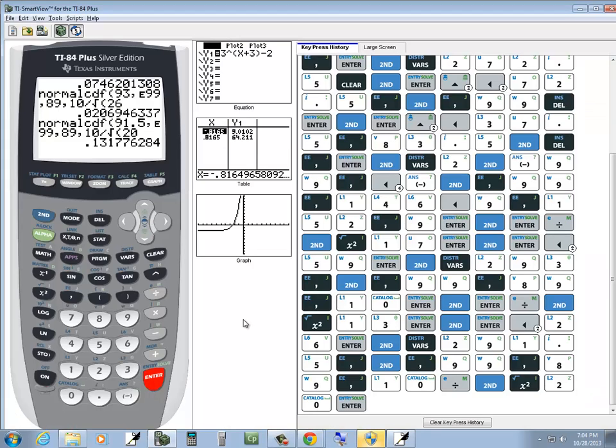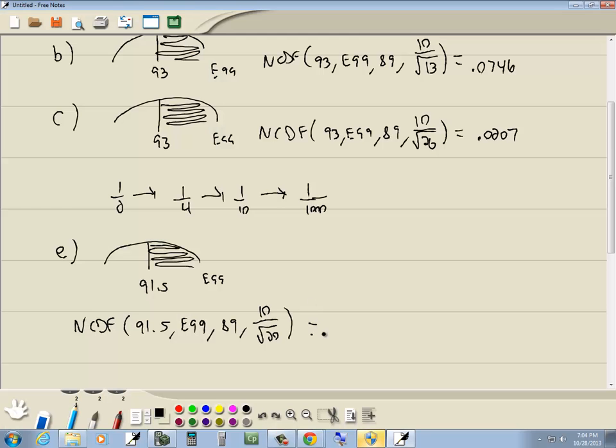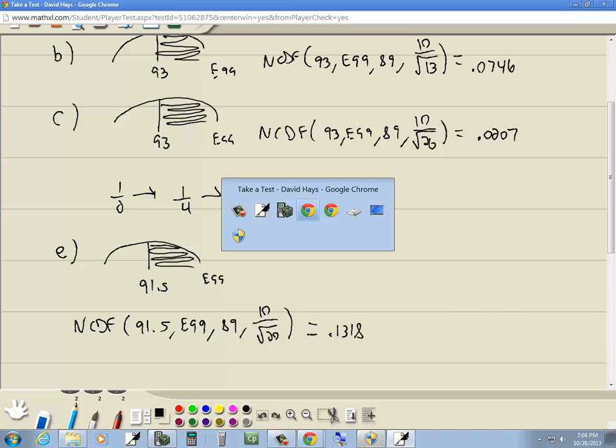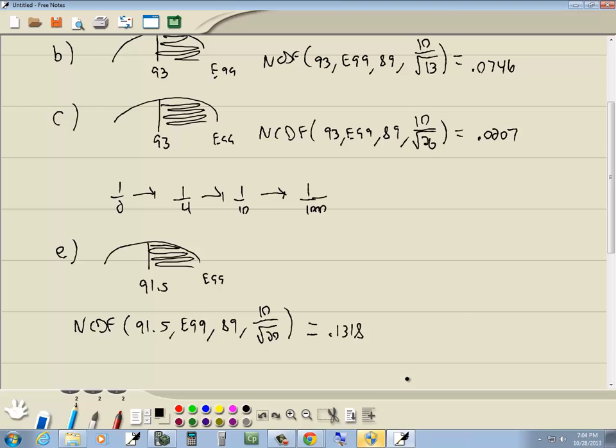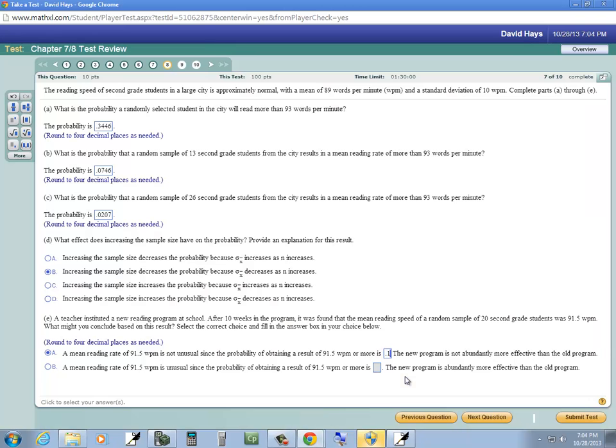And that gives us 0.1318. It is not unusual. Unusual would be less than 5%. So it's not unusual. The probability of obtaining 91.5 or more is 0.1318.